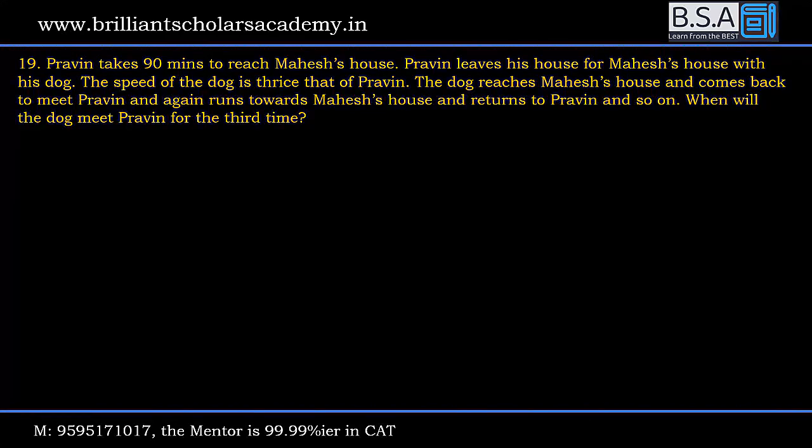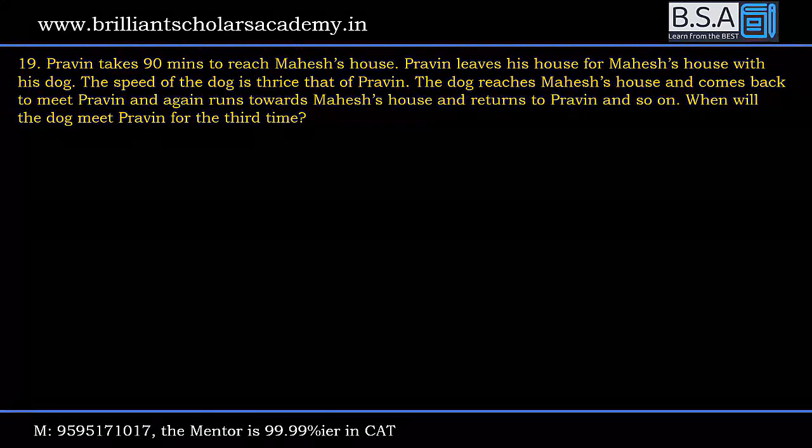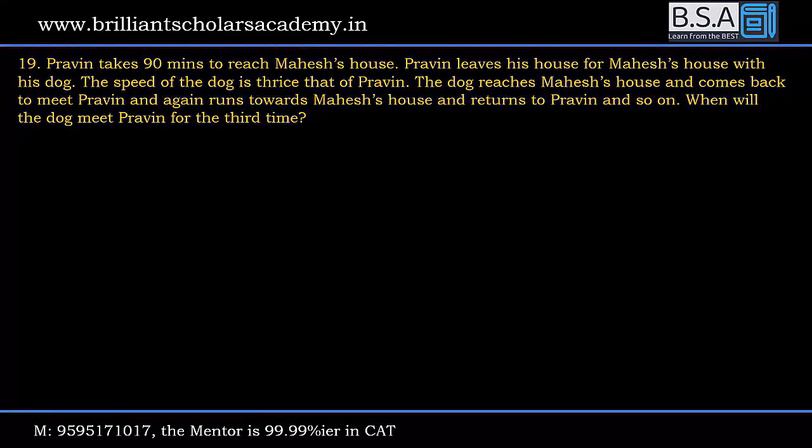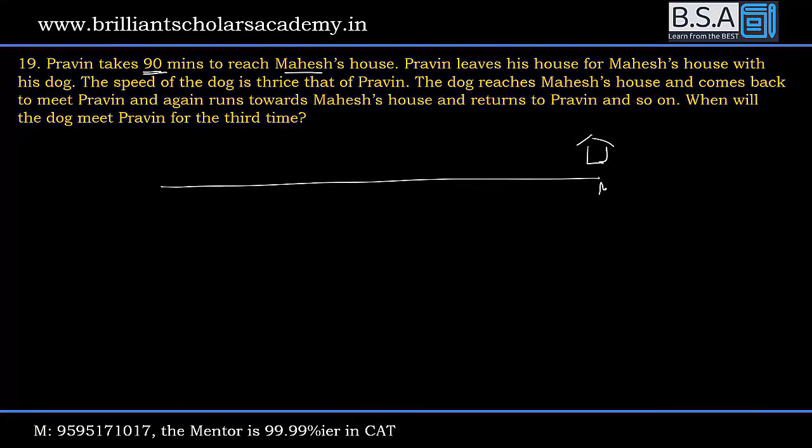Here you need to pay attention to how the question is framed. Praveen takes 90 minutes to reach Mahesh's house. I do not know their speed. I do not know the distance. Let us imagine this is where we have a house of Mahesh, and this is where Praveen is.